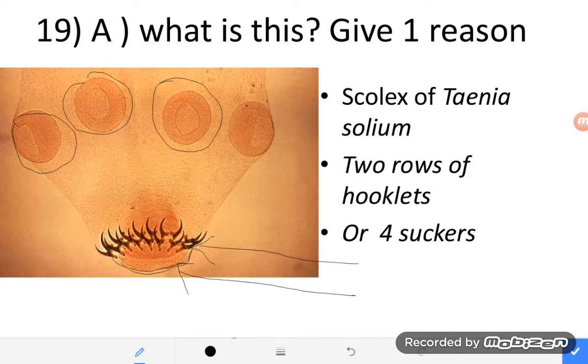But in Taenia saginata, you cannot see the 2 rows of hooklets or rostellum, only 4 suckers. Also, the scolex of Taenia solium is globular, but in saginata the scolex is pear shaped.